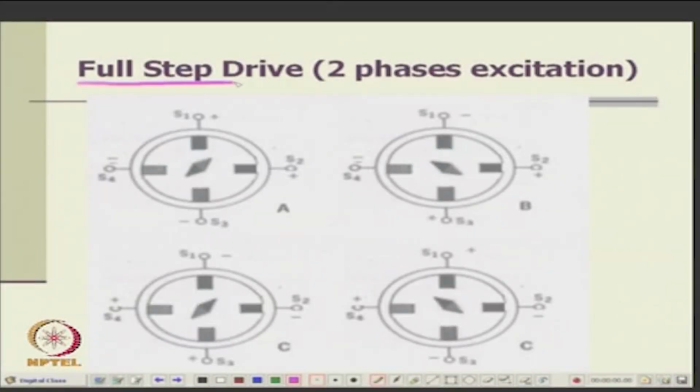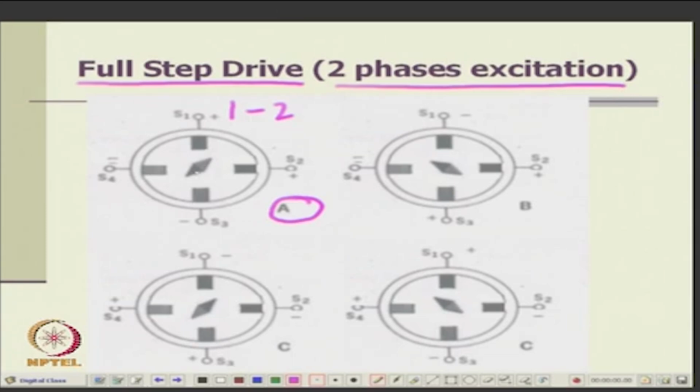Now, there is a full step drive, that is two phase excitation. For example, at this position A, you have 1 2 excited, say. Now, it will align with the center of these two.